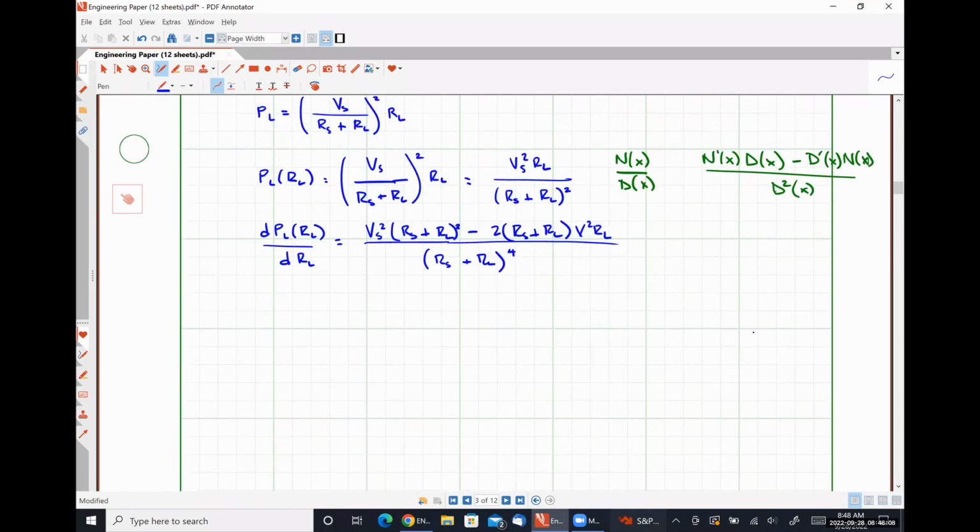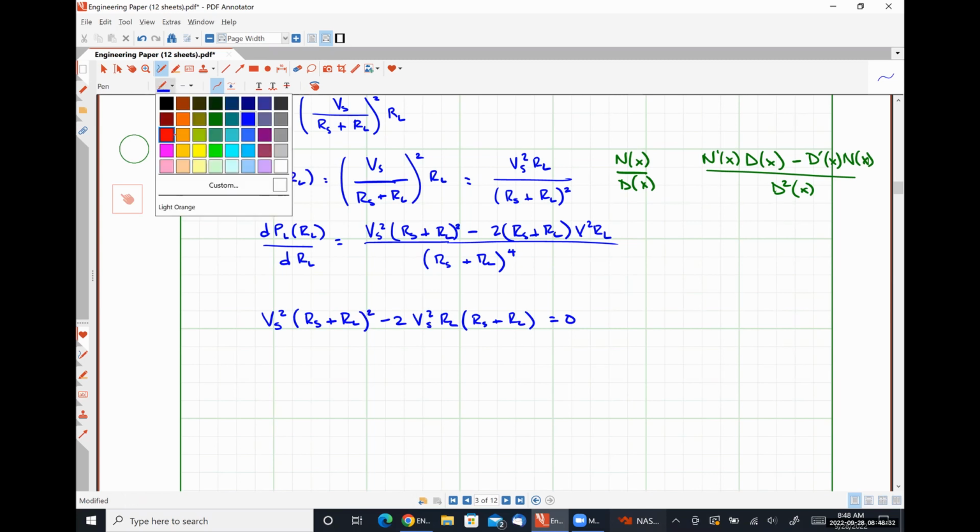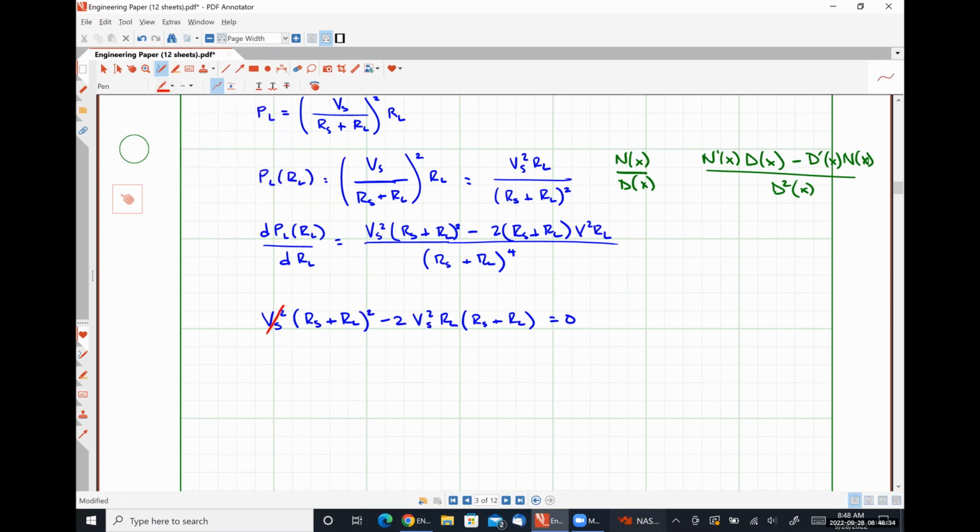So we have Vs squared times Rs plus RL quantity squared minus 2 Vs squared RL times Rs plus RL. And we want this thing equal to 0. It's pretty obvious that there are common factors of Vs squared in both terms that we can get rid of.